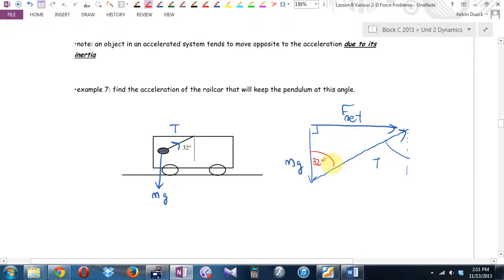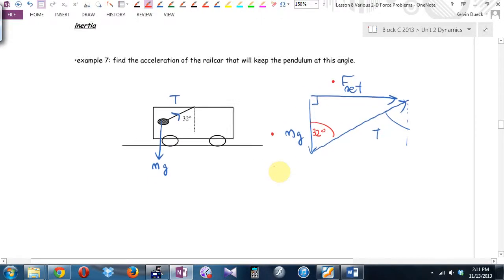Can you write an equation relating F net and mg? Which trig function? Wait a minute.